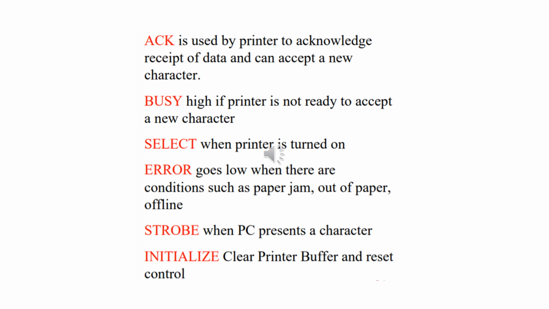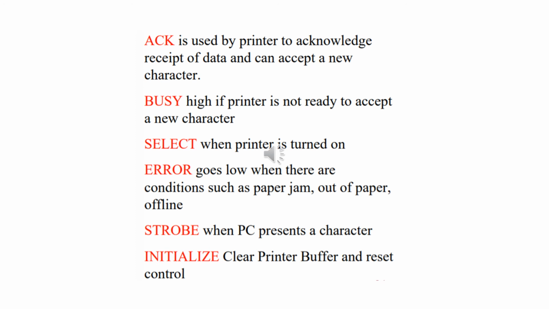The acknowledgement signal, as we have already discussed, is used by the output device to acknowledge that the data has been received and it can accept a new character. The busy signal will be high if the printer is not ready to accept a new character. The select signal becomes enabled when the printer is turned on.